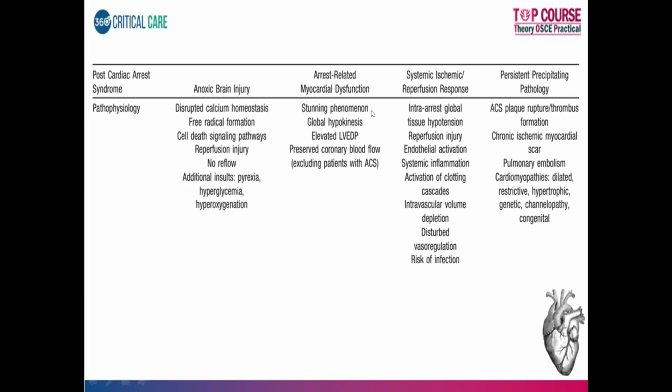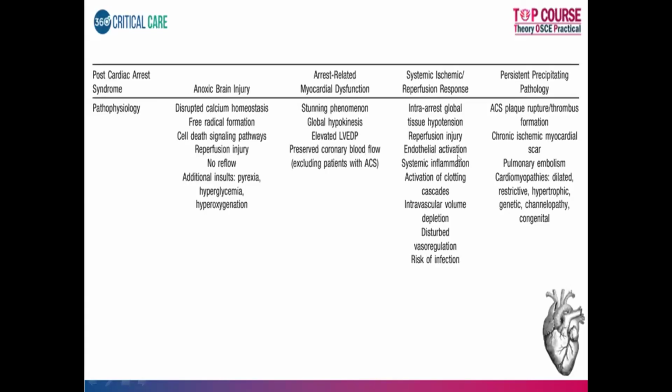Coming to the arrest-related myocardial dysfunction. This might lead to a stunning phenomenon. There could be global hypokinesia, elevated left ventricular end diastolic pressure. And if the patient doesn't have ACS, there could be a preserved coronary blood flow. Coming to the third component, the systemic ischemic reperfusion response.